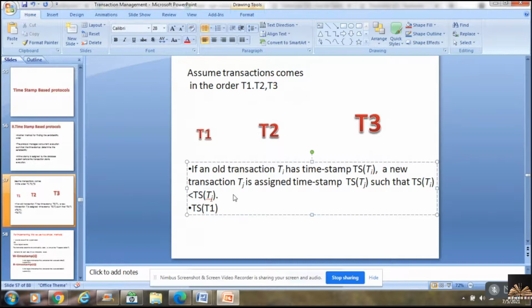Now, if the timestamp of T1 is less than the timestamp of T2, the order would be T1 followed by T2, followed by any number of transactions that are coming. So you are just trying to assign a timestamp in this particular concept.